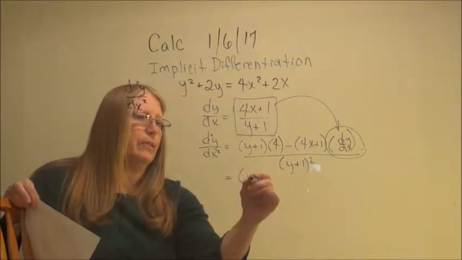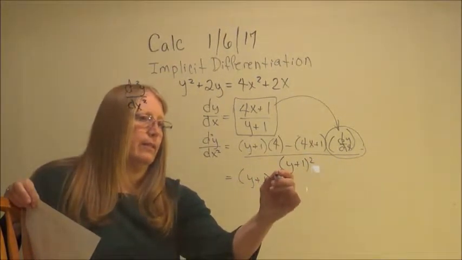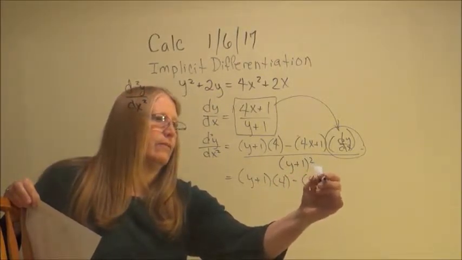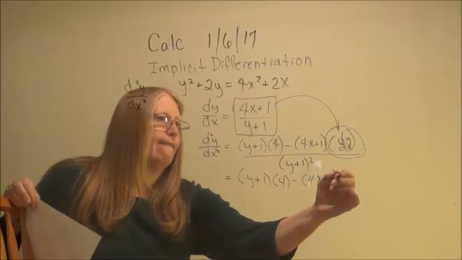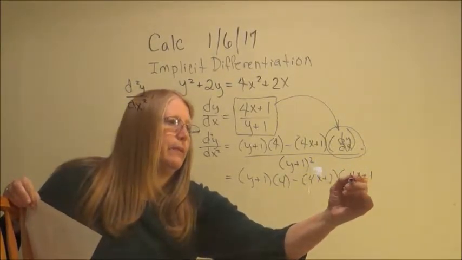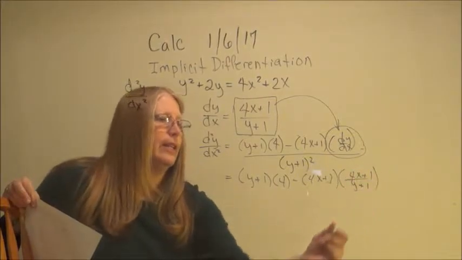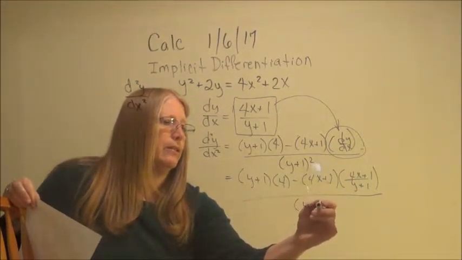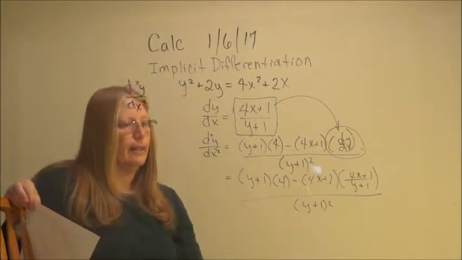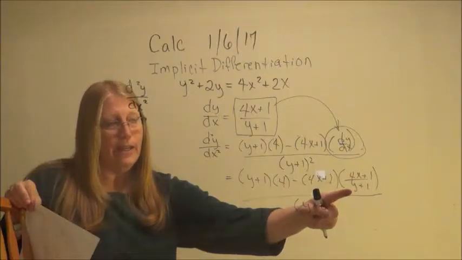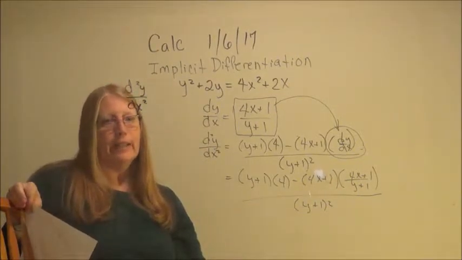So I'm going to substitute 4x plus 1 over y plus 1 right in there. And that's still over y plus 1 quantity squared. All right, when I have a denominator in the numerator, I like to get rid of it.